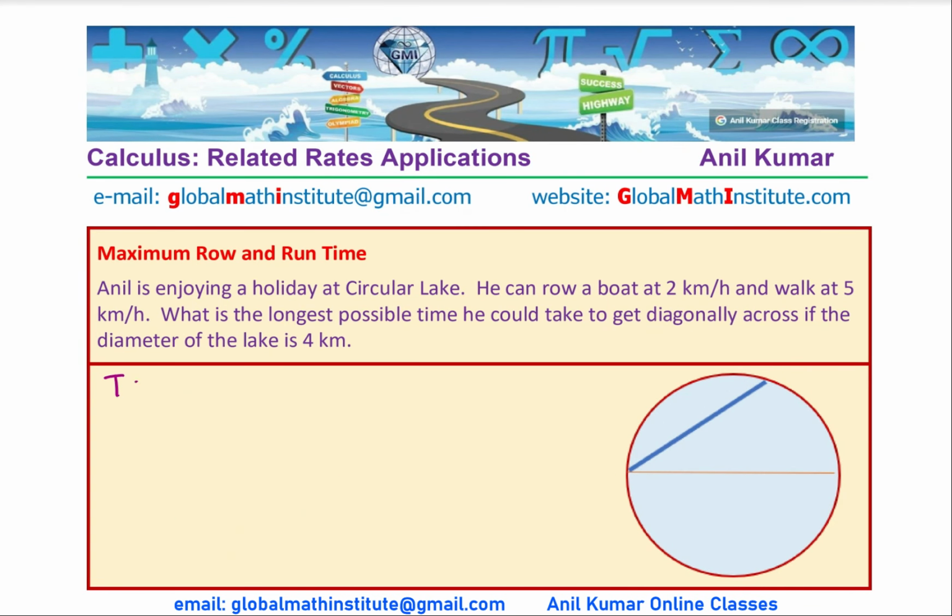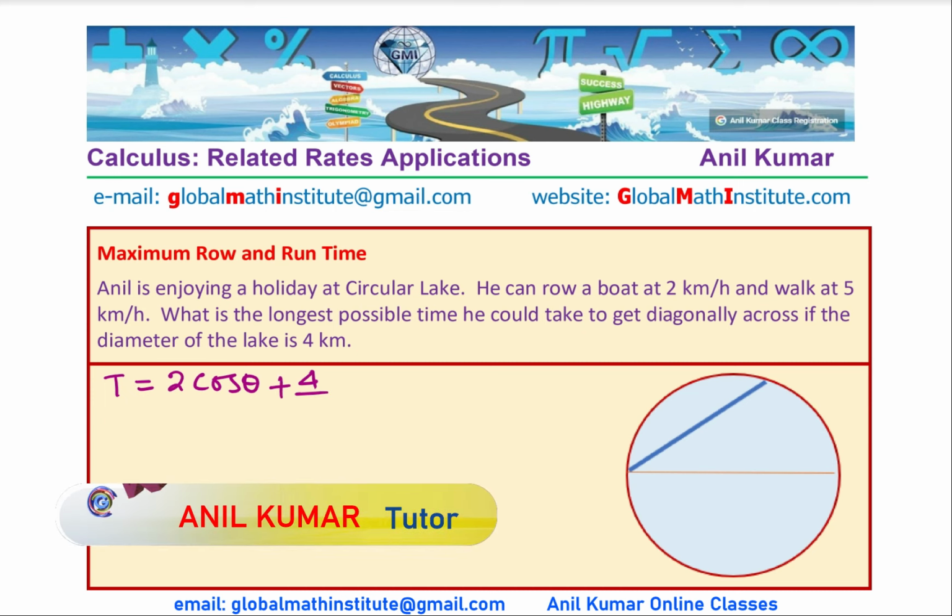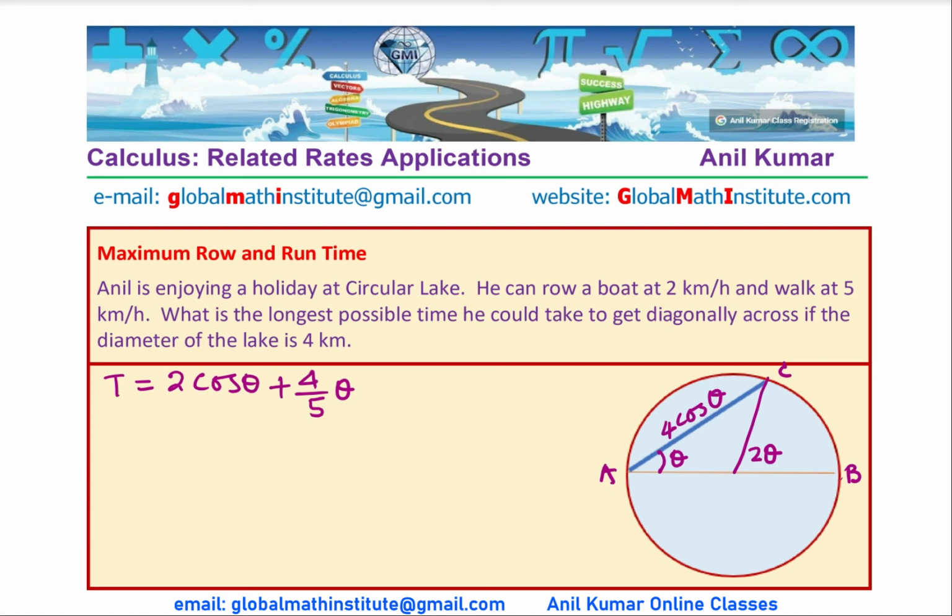So we have time t equals 2 cos theta plus 4 over 5 theta, where the angle here is theta and this is 2 theta, correct? From A to C to B. That is 4 cos theta and this is 4 theta.